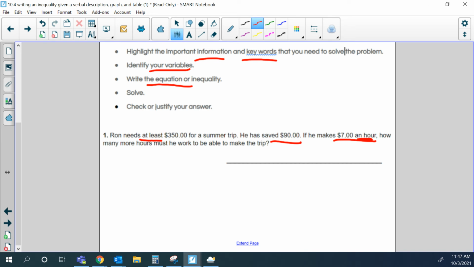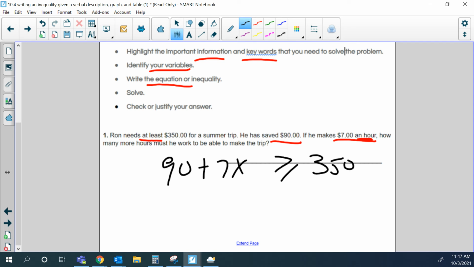That's your key phrase telling you that's your rate. To set the equation, we use the inequality at least, greater than or equal to, and of course we put 350 on the right. My initial value is 90 plus the rate, 7x.